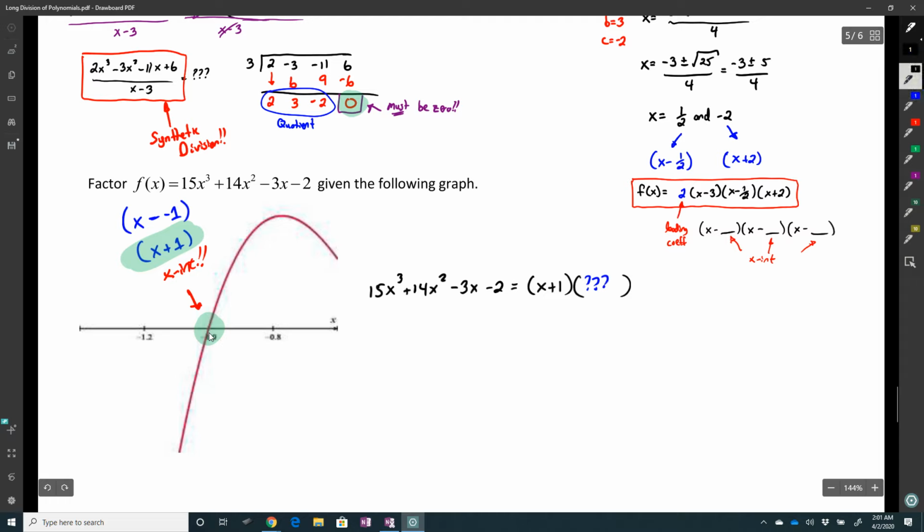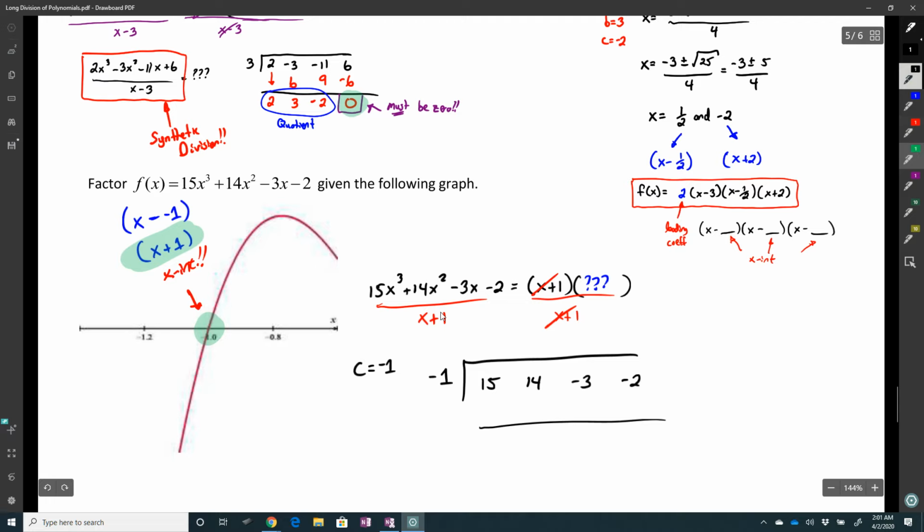So the other factor, we just divide my x plus 1 to the other side. So that's where we get my synthetic division. So with this, I can do synthetic division. I know c equals -1. So I can do -1, 15, 14, -3, -2, and we work it out.